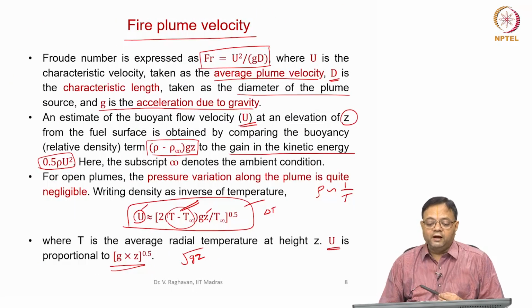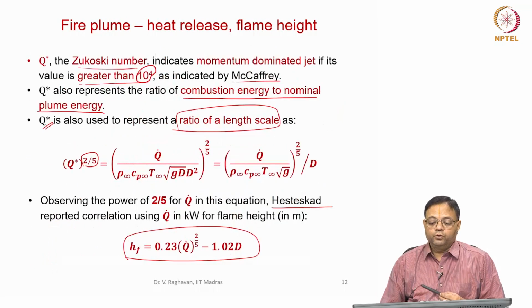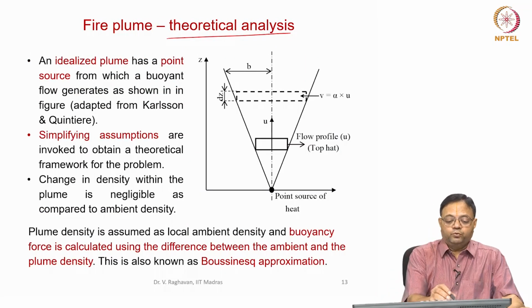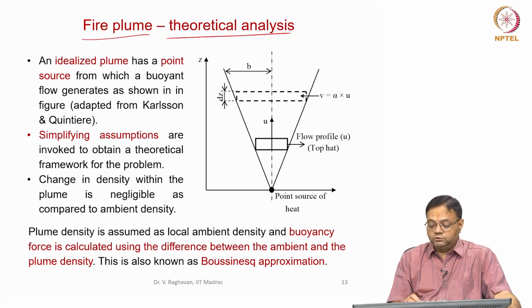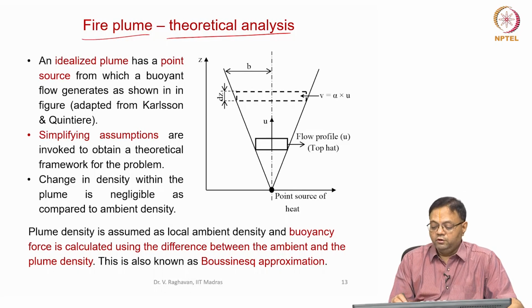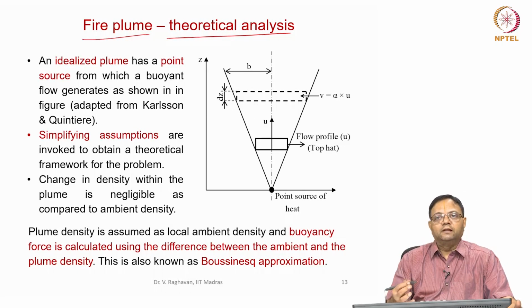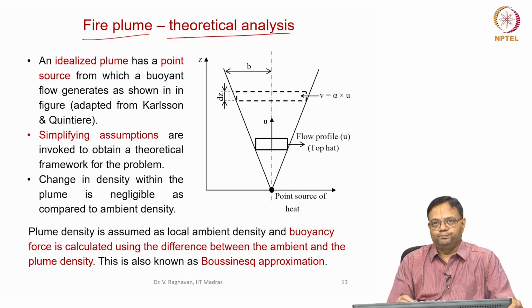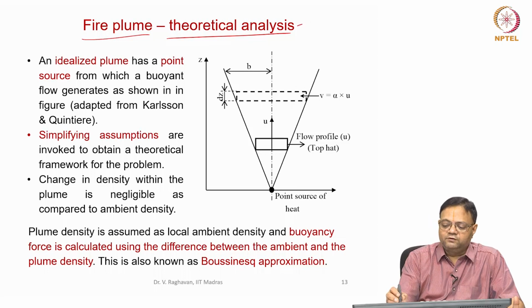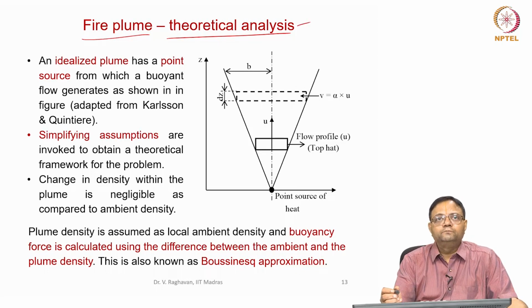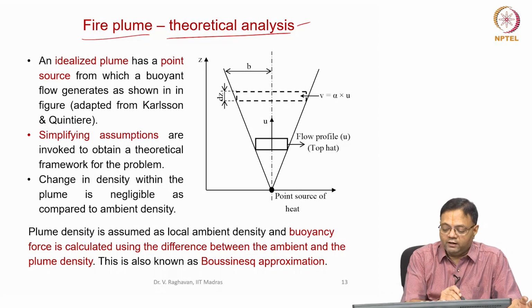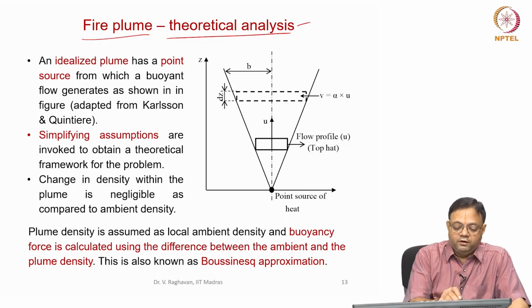Okay. So, the theoretical analysis for a fire plume starts with the point source where some enthalpy is flowing, or energy is coming out, and for theoretical analysis I have to make a lot of assumptions. So let us first make this an idealized plume.